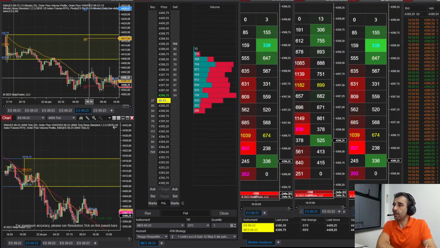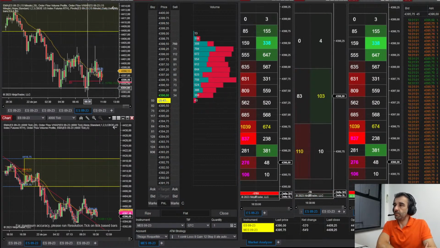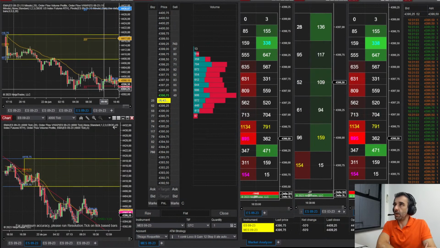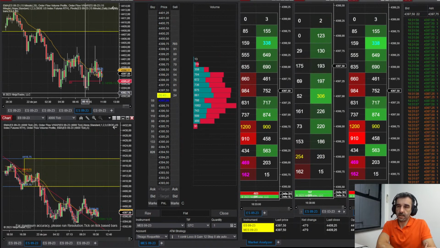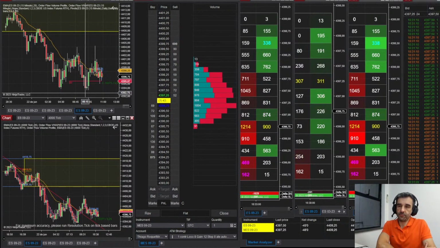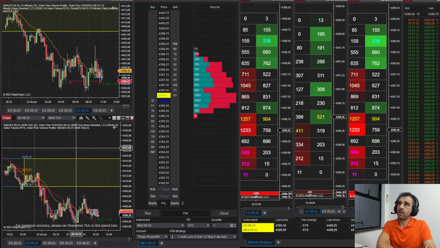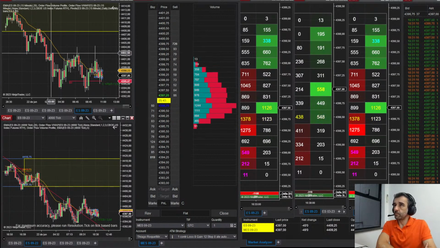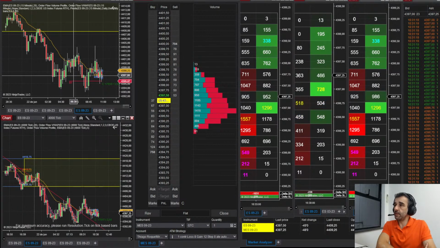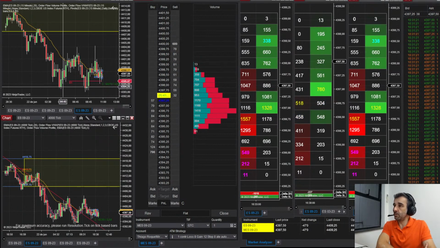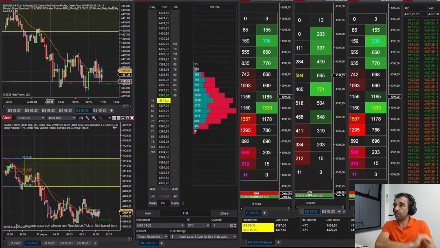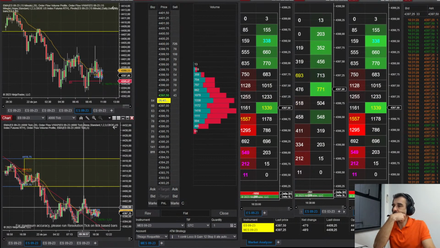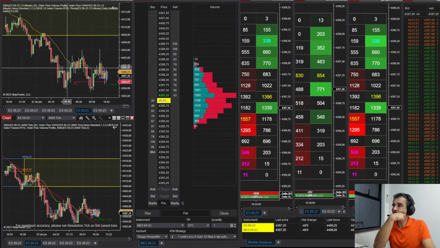Let's see. During the night and early in the morning, it's been respected a couple of times. So far, the low was at 393. As Aaron mentioned here, we will have news in 30 minutes, housing info. Let's wait and see.